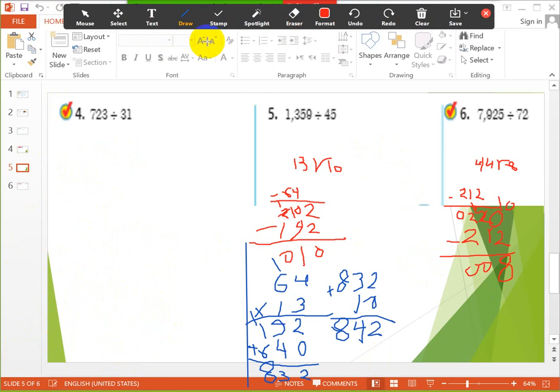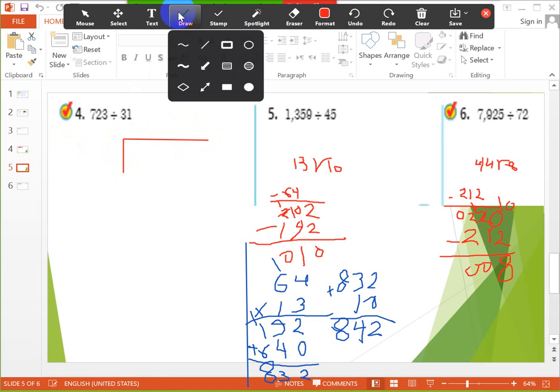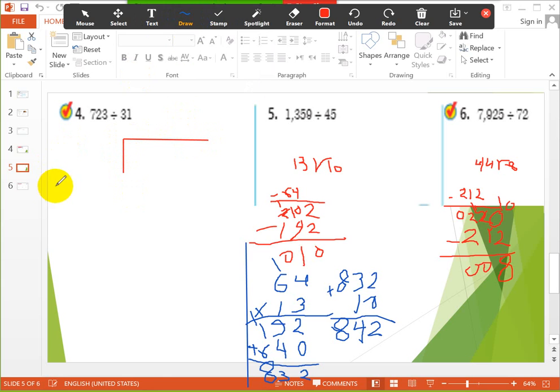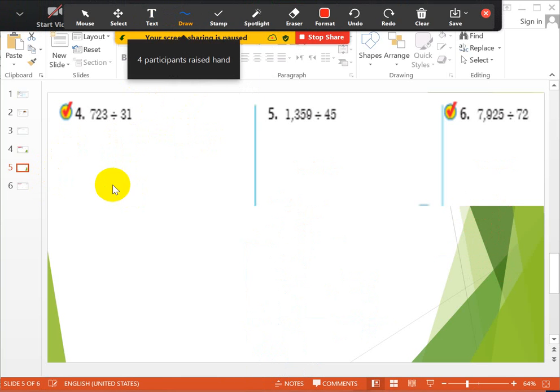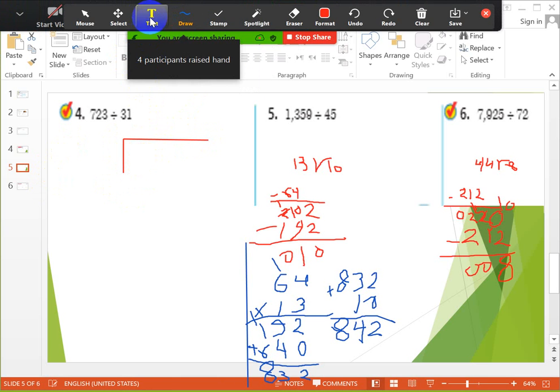Now, I want to divide 723 on 31, okay? So, I will draw the needle here and type the 723 on 31.